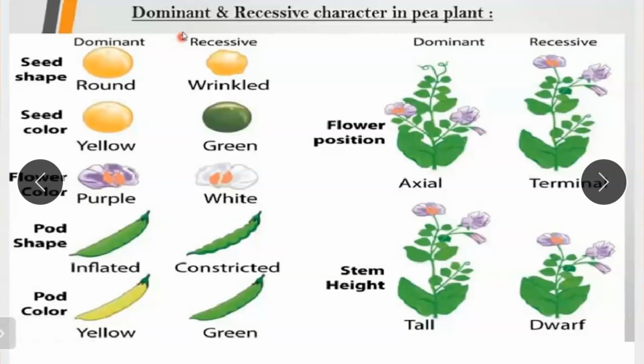In dominant, the flower position is axial, and in recessive, it is terminal. What about the height of the stem? In dominant, the stem is tall, and in recessive, the plant is dwarf. So these are the researches done by Mendel, and he observed them in the pea plant.